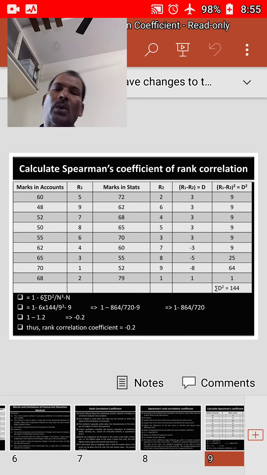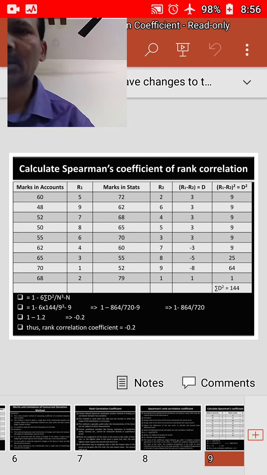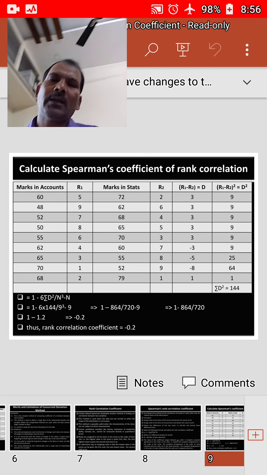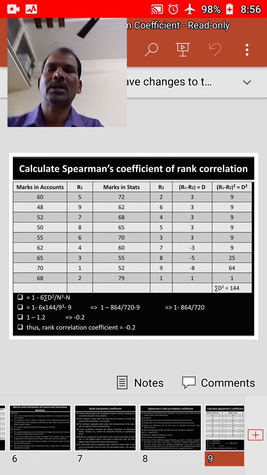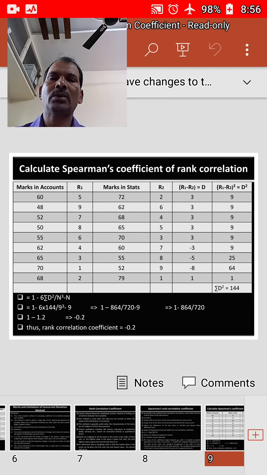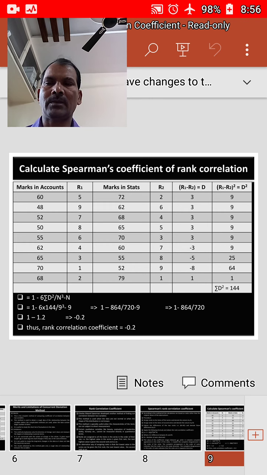We will consider one problem for better understanding of this Spearman's coefficient of rank calculation. Here, the marks in accounts are given, that is 60, 48, 52, 50, 55, 62, 65, 70, 65.